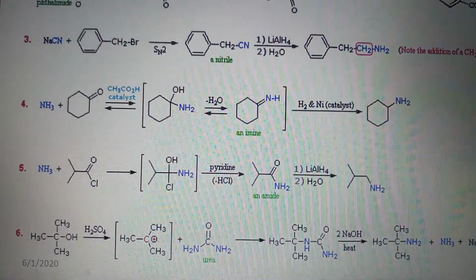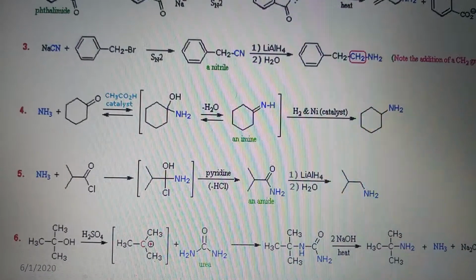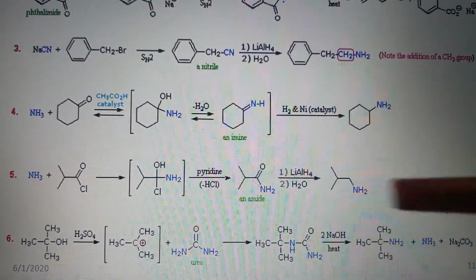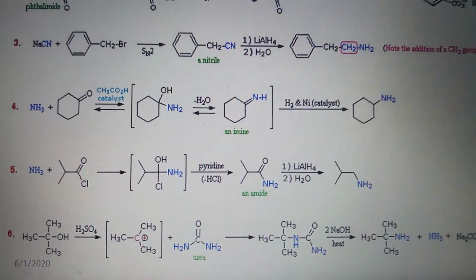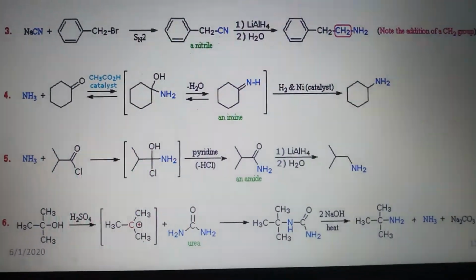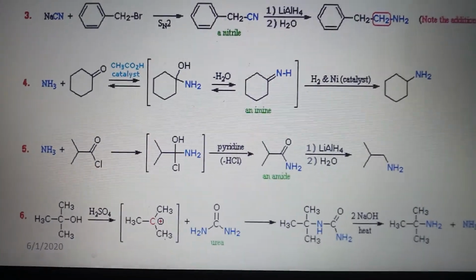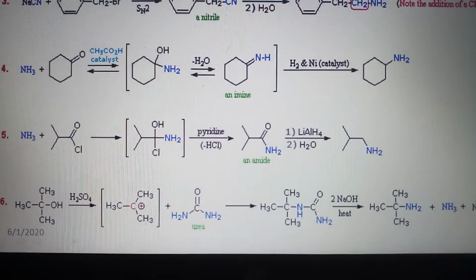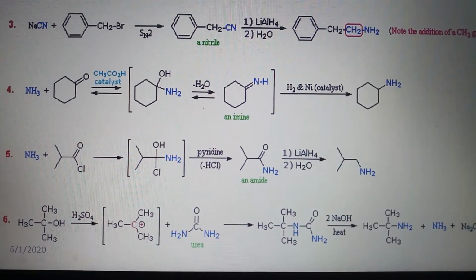But in the case of acid chlorides with ammonia, we get amides, which are reduced by lithium aluminum hydride, as in the case of example 5. In example 6, it is a specialized procedure for bonding an amino group to a 3-degree alkyl group.